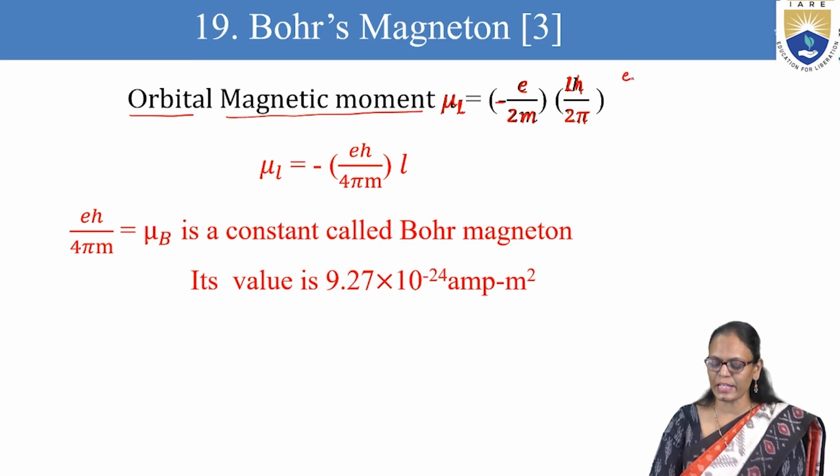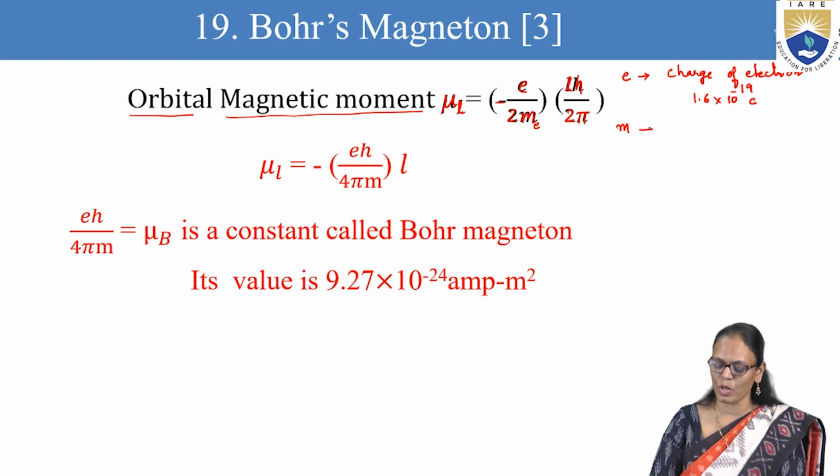What is e here? e is the charge of electron, which is a constant: 1.6 into 10 power minus 19 coulombs. And m here is the mass of the electron. We may write it as me or simply m.